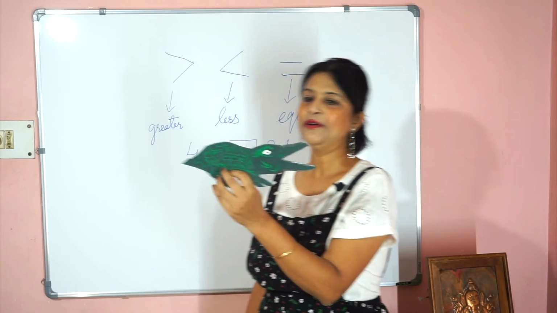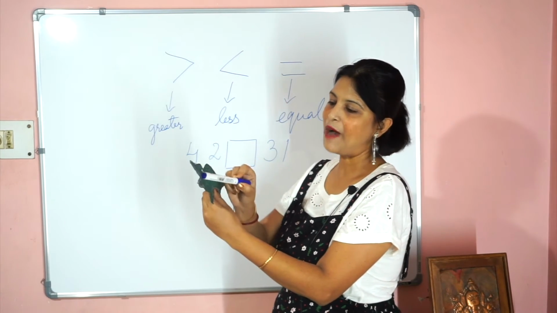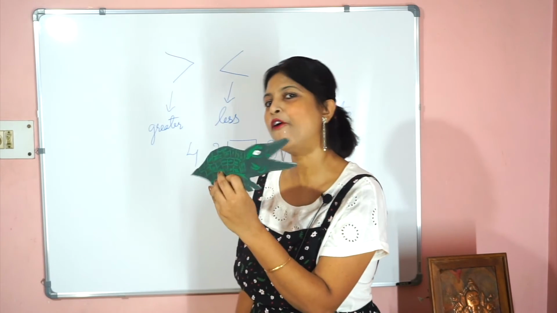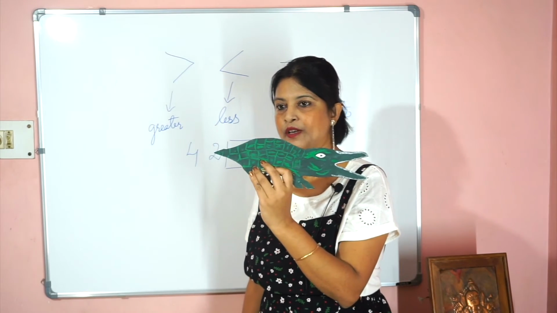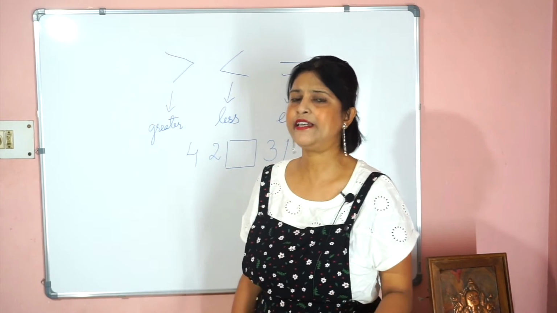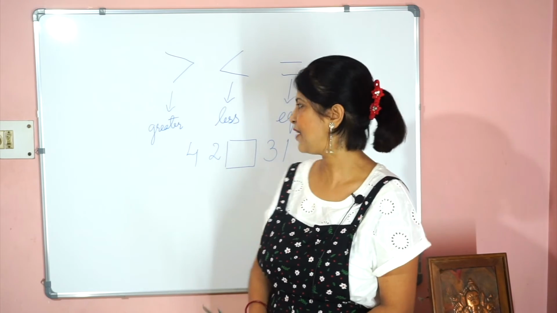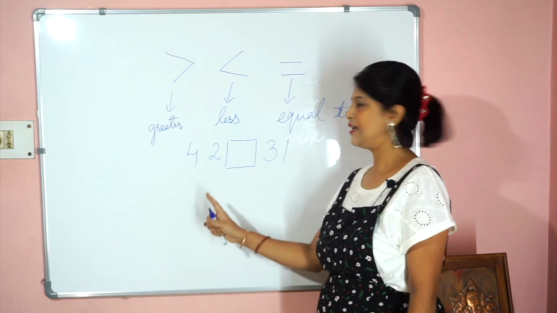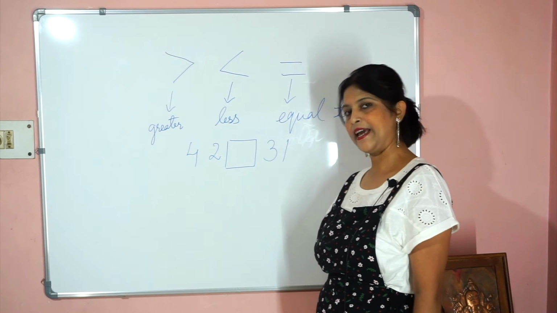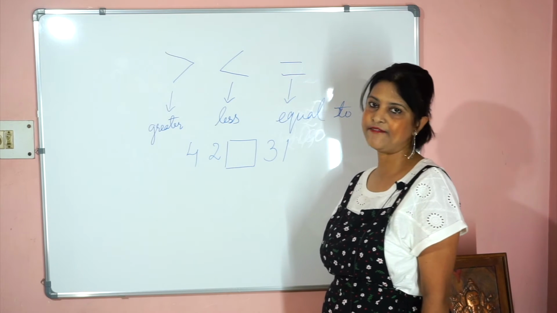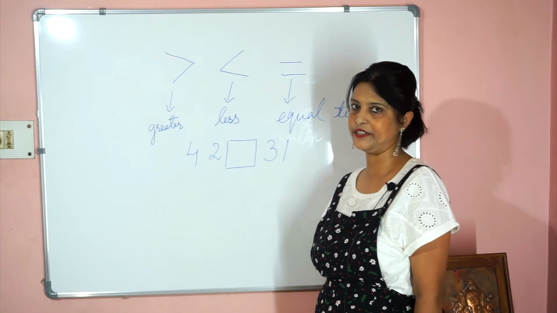So, this mouth of the crocodile will always face the greater number. Now, first of all, verbally, let us check which is the greater of these two given numbers, 42 or 31. So, once again, we will first of all identify the position of the digits here.